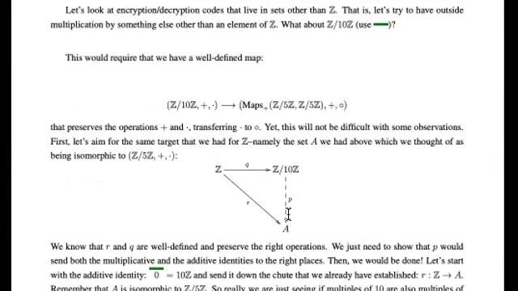For one, Z mod 10Z is a collection of chunks of the integers. So if you have, for instance, 10z plus 3, this is a coset of 10z, or it's equal to 3 bar. And notice that this is completely contained in 5z plus 3. So if we're 3 more than a multiple of 10, then we're 3 more than a multiple of 5.